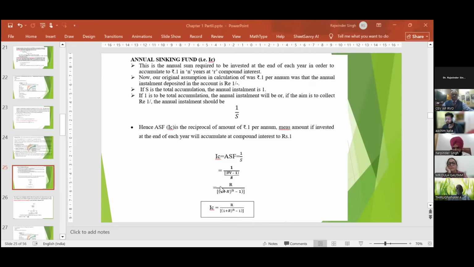Why it is done, we will see in the coming examples and slides, which will make things clear. Just as of now, we consider that we have this capital R instead of small r in this sinking fund coefficient.